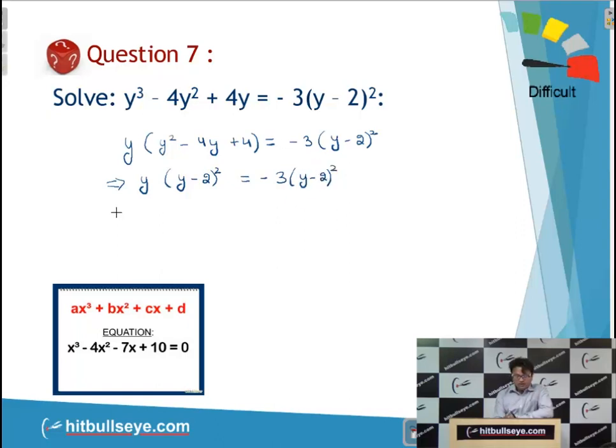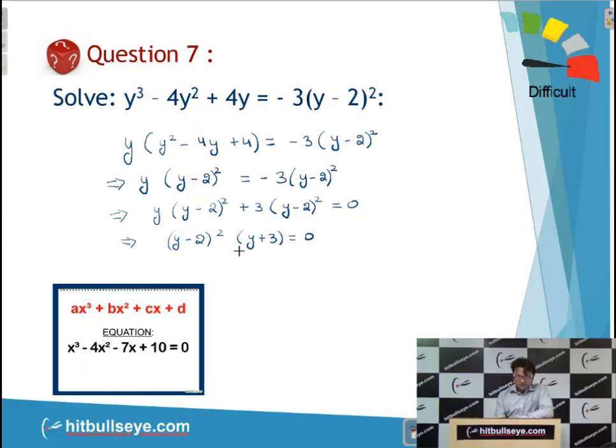What we'll do here is we'll take this term which is written on the right hand side to the left hand side, like this, students. And now I will take y minus 2 whole square common and take y plus 3 equal to 0.